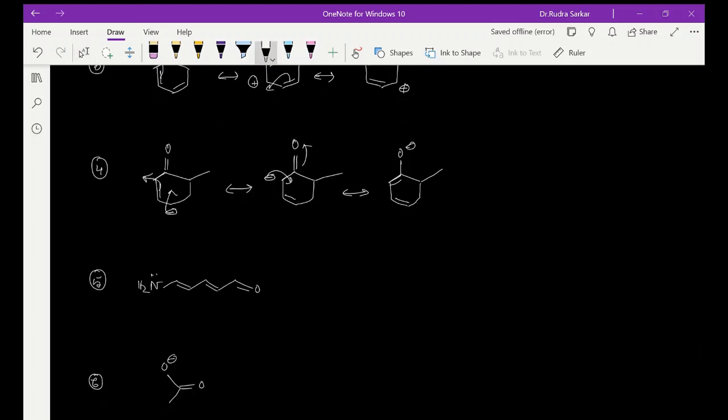Again, the lone pair moves towards the pi bond, so out here this is the negative charge, which will again move towards the pi bond.